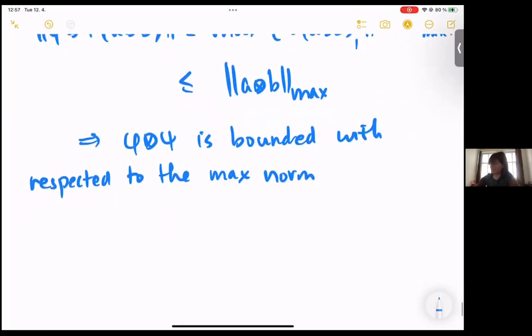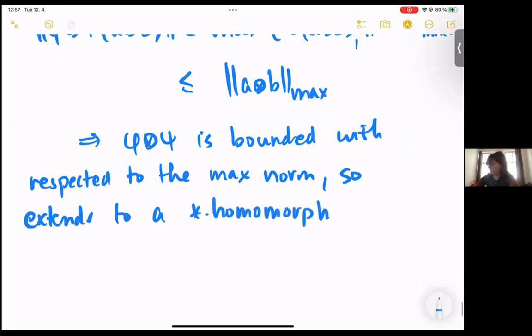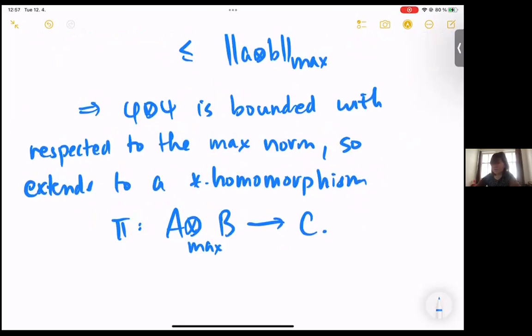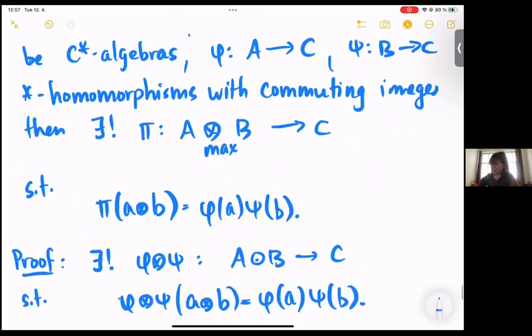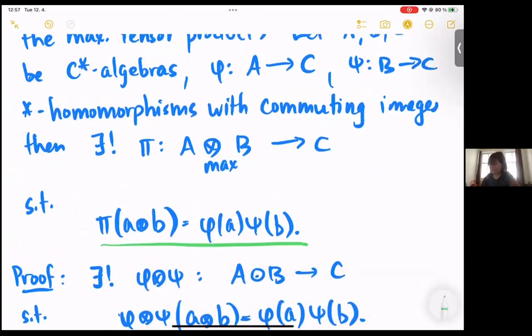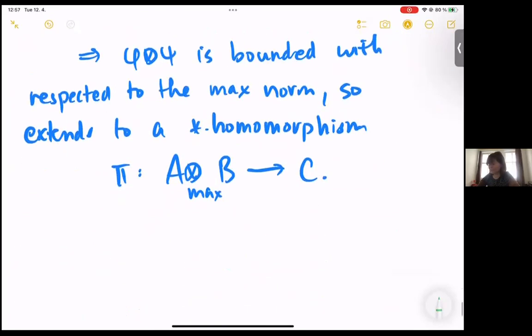So we can extend it, and since it's the extension of phi tensor psi, we see that indeed it satisfies this here. And again, uniqueness is clear because it's uniquely defined on a dense subalgebra.